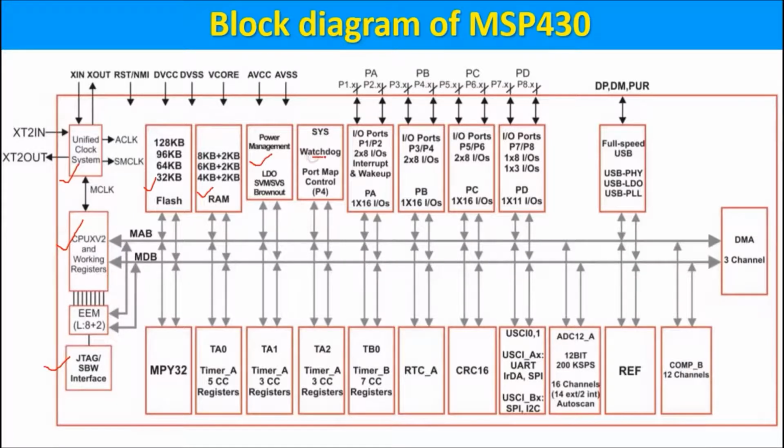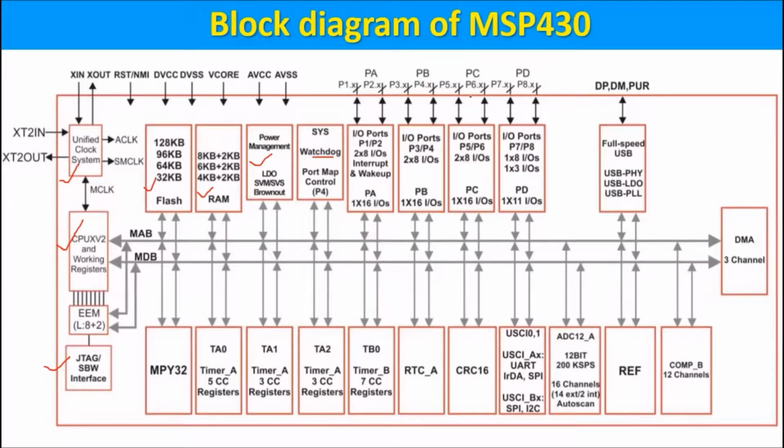Then there is a watchdog timer, and here the ports of MSP430 are shown. There are 4 ports of 16-bit size and 8 ports of 8-bit size. For this first block, 2 ports are shown, P1 and P2.